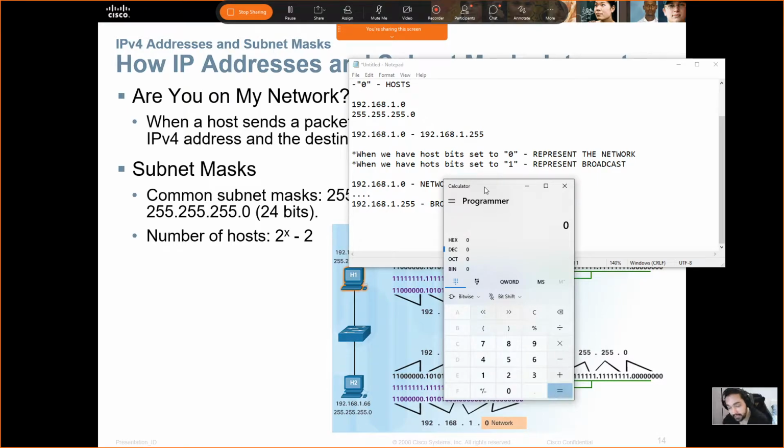The computers, they don't understand the decimal format. They understand the binary format. Sometimes I type the decimal format in the computer, but the computer translates this into binary. Okay, and that's why we need to understand binary as well. This will allow us to actually understand everything that's going on here.